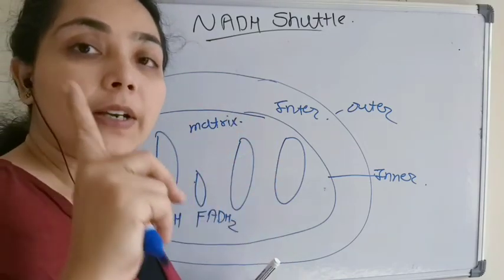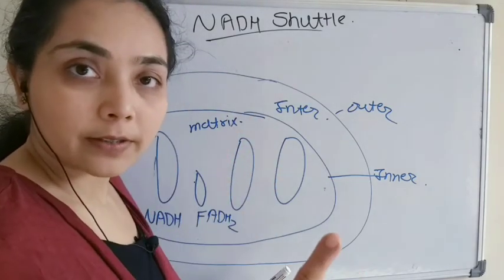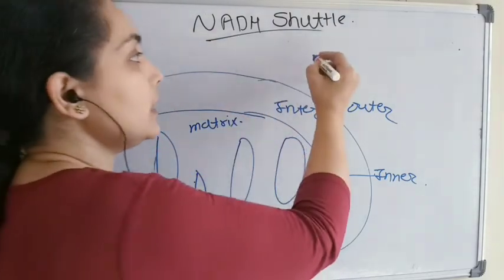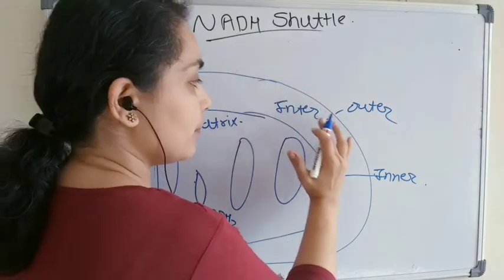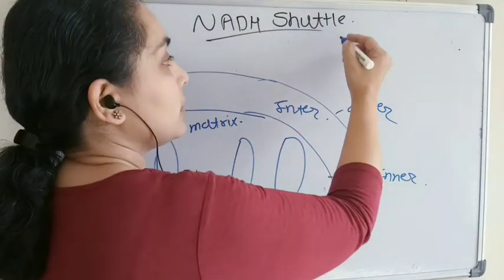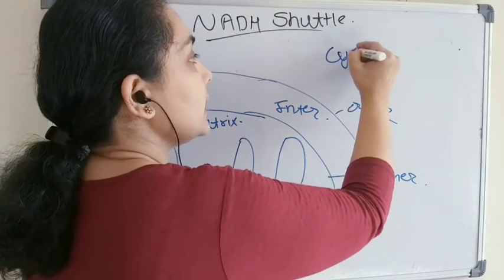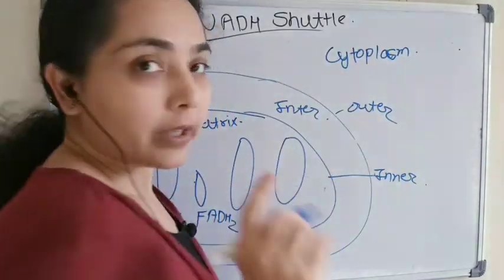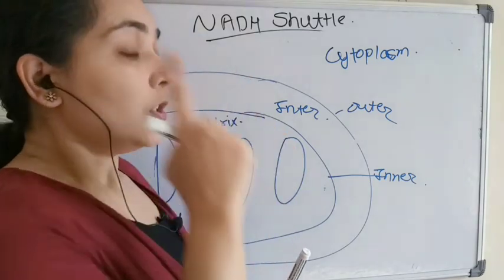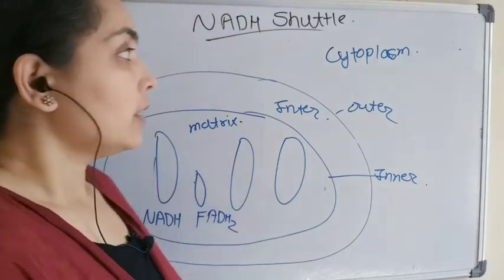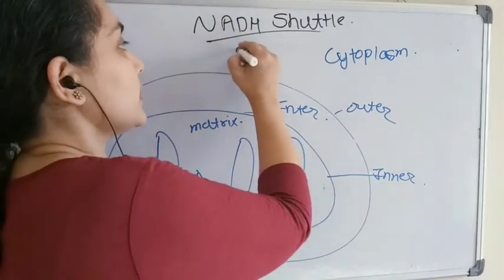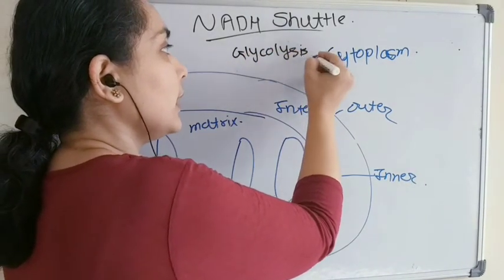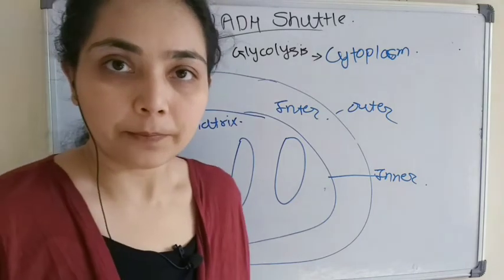But if we take the example of glycolysis, we know that glycolysis takes place in the cytoplasm. Suppose this is the mitochondria; outside the mitochondria everything is cell cytoplasm. The glycolysis process takes place in the cytoplasm of the cell.